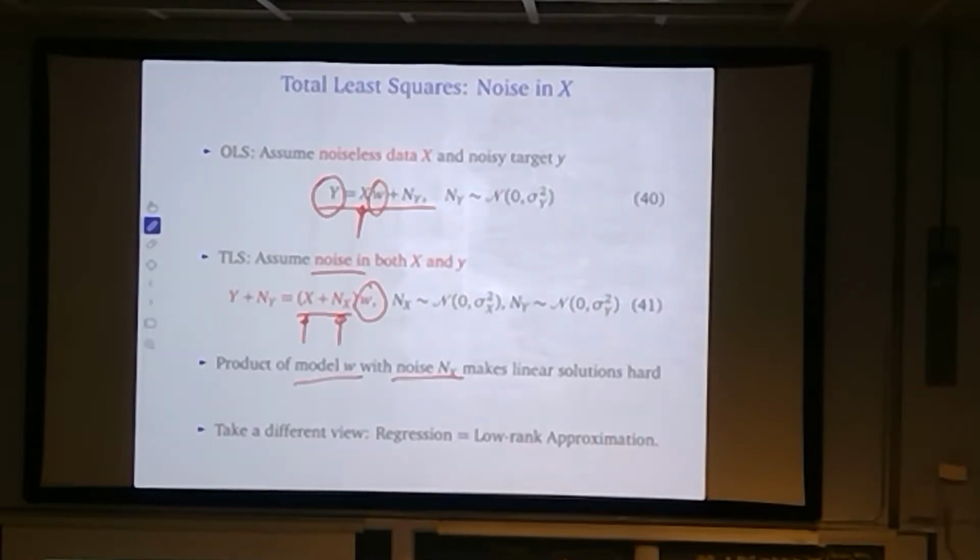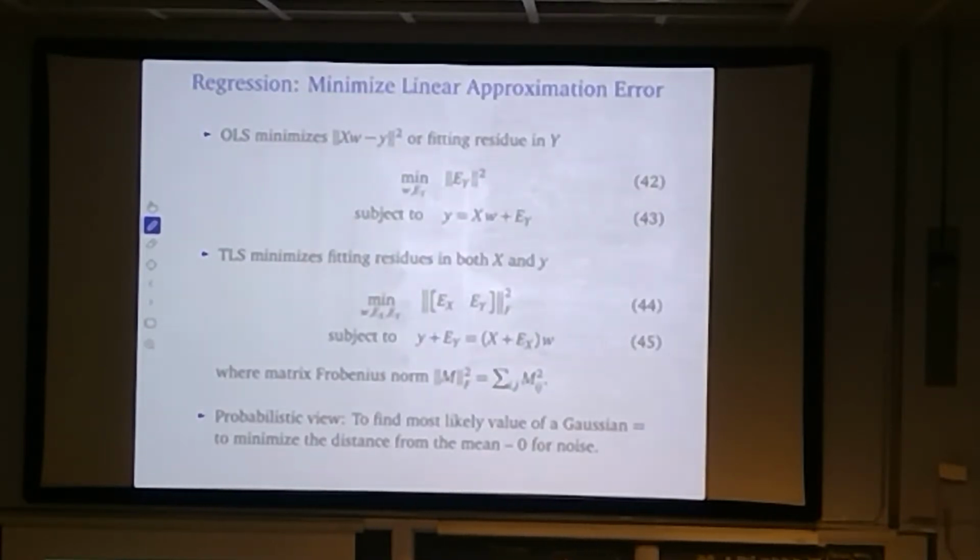But in the low-rank approximation point of view, it is the following. We want to minimize this. So I might as well call this the residual, right? For any W, I have a prediction, X W minus Y. I cannot predict Y perfectly.